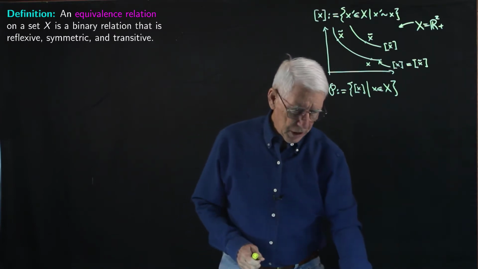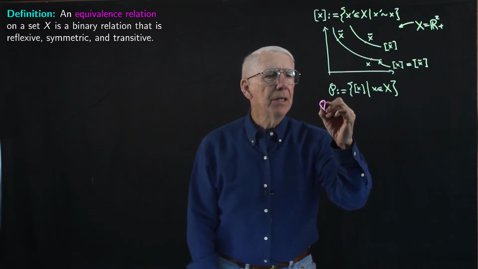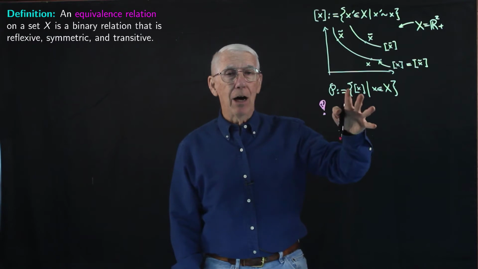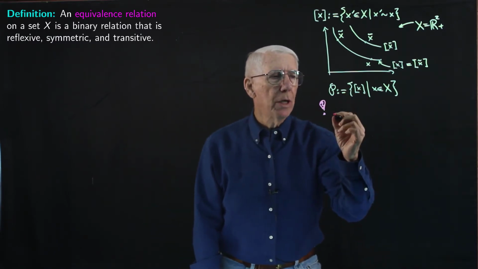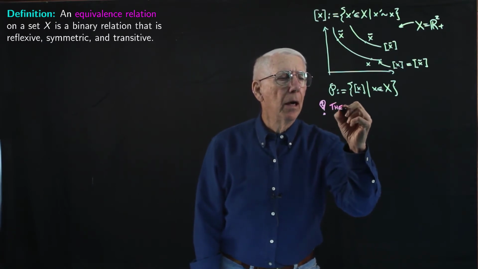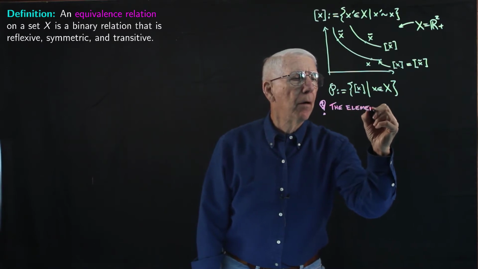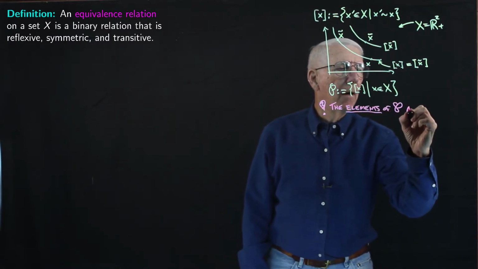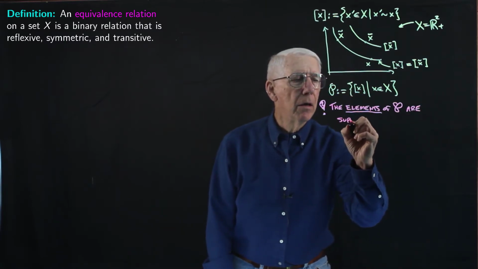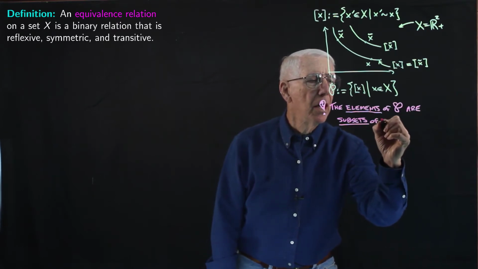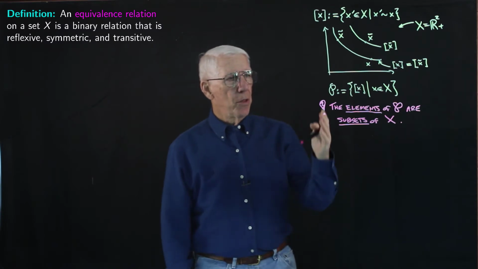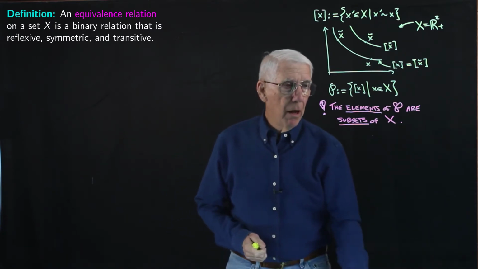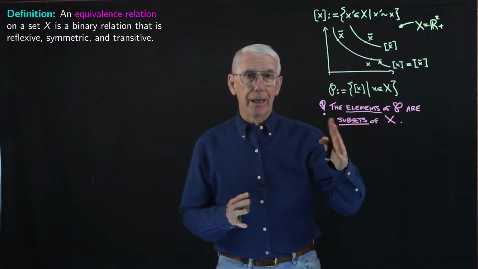So there's a couple of things to notice here. One thing I really want to emphasize, because this is always a source of confusion for some people learning about partitions and equivalence classes: notice that the elements of script P, the elements of this set, are subsets of capital X. So they're both elements and sets at the same time, and that often poses some confusion for students in learning about and using these concepts.